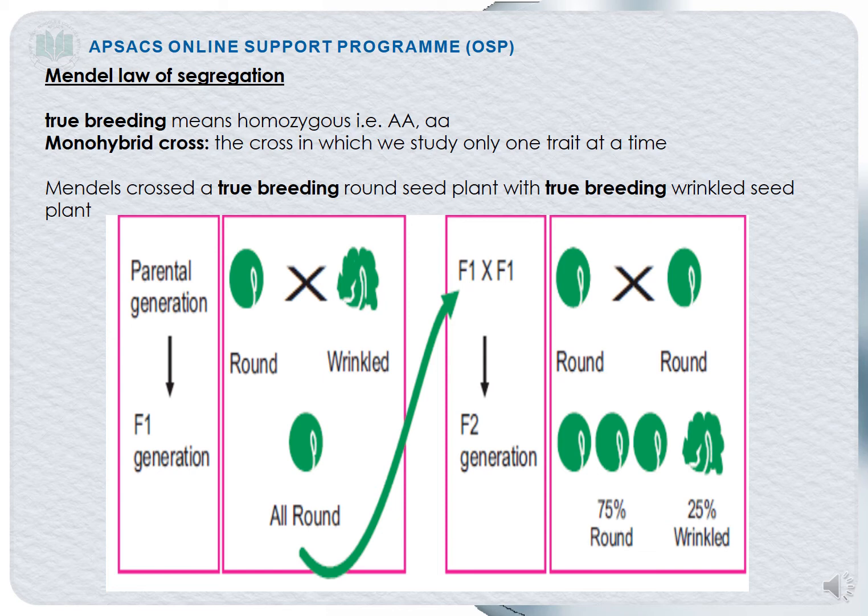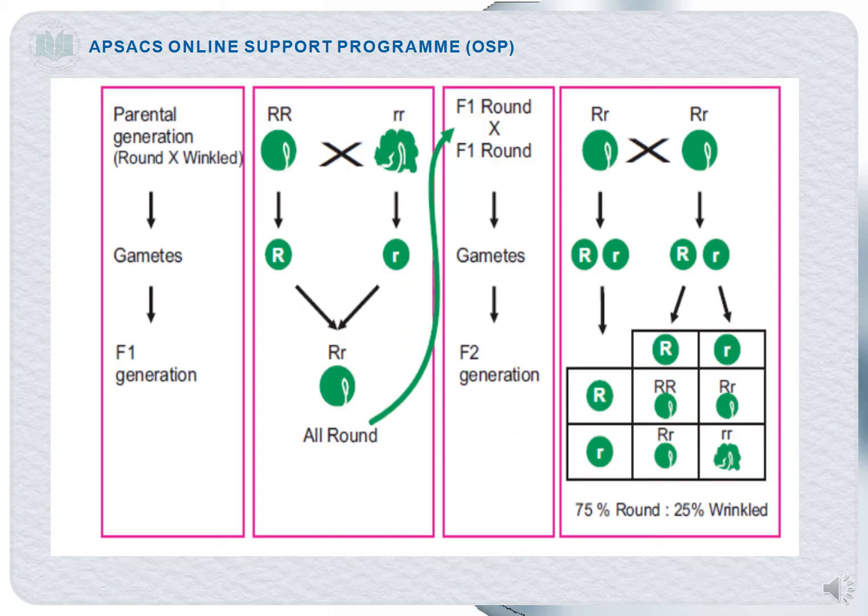So we have to start with the true breeding. It means we have to select the parents with true breeding, having both dominant and recessive alleles. Here you can see Mendel crossed true breeding round seed plants with true breeding wrinkled seed plants. In the parental generation, one parent is true breeding round shaped and the second is true breeding wrinkle shaped.